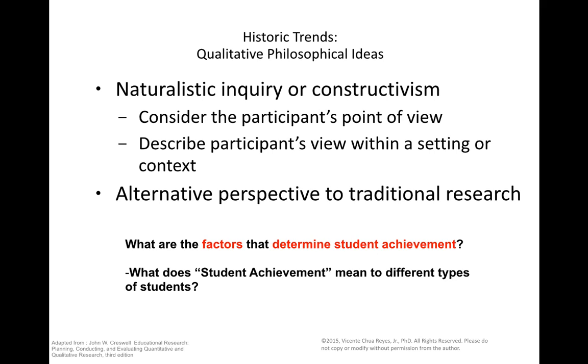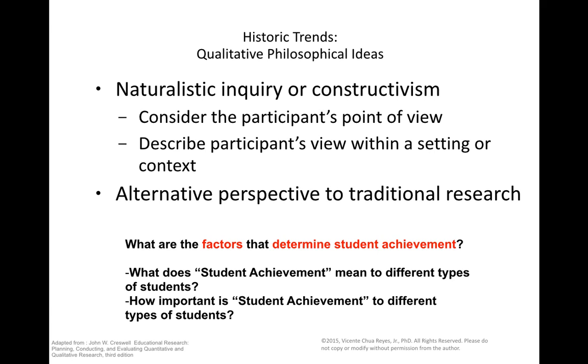So we look at student achievement and what this means from the point of view of students. Or we can describe how the participants, in this case students, value the importance of student achievement. Right? So these are ways of looking at the same questions, but from a qualitatively philosophical perspective.